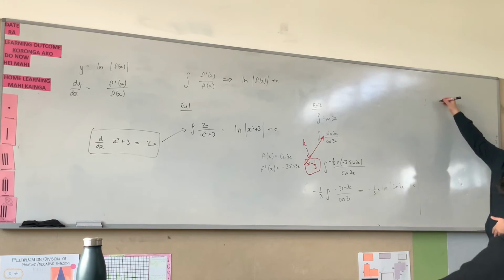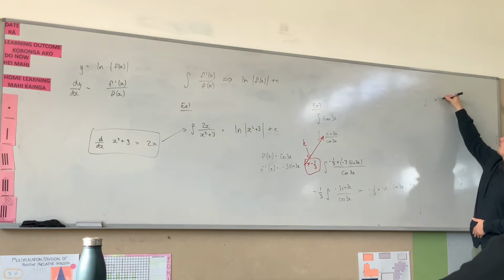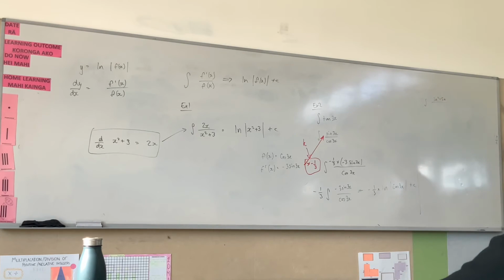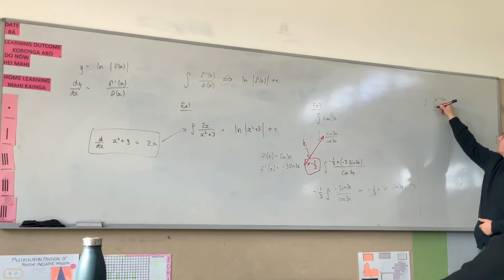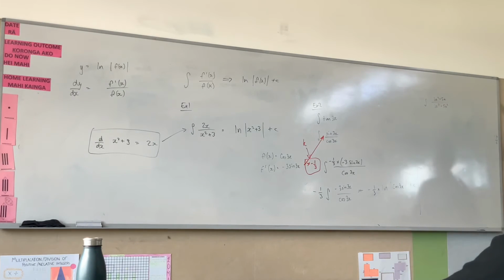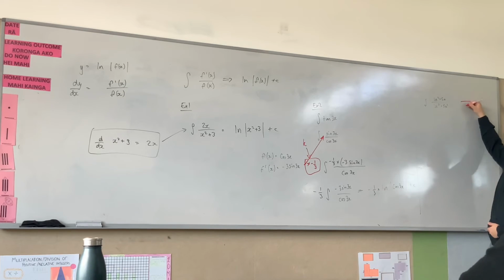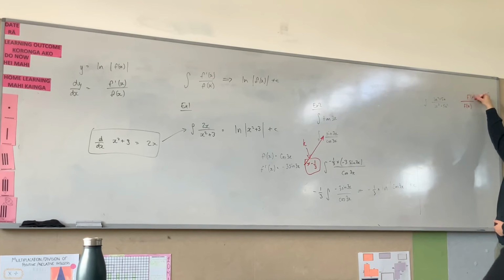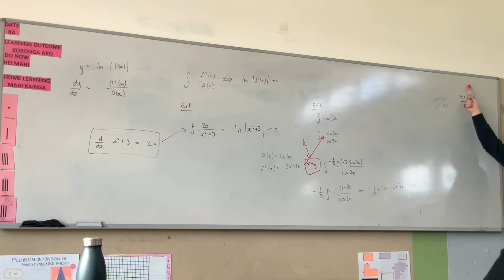Alright, 3x squared plus 5x over 2x cubed plus 5x squared. So again, we need to work out what is our f of x, what is our derivative of f of x, and what is our k value. You can see it often written like this. We try to work out what the k value is.